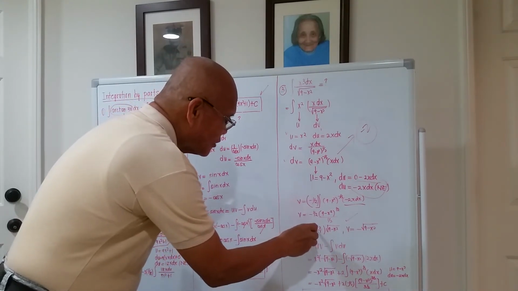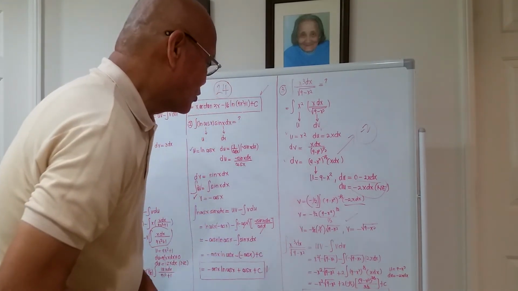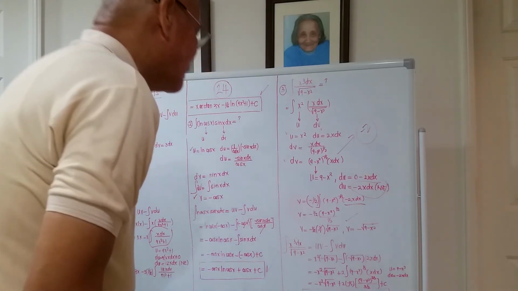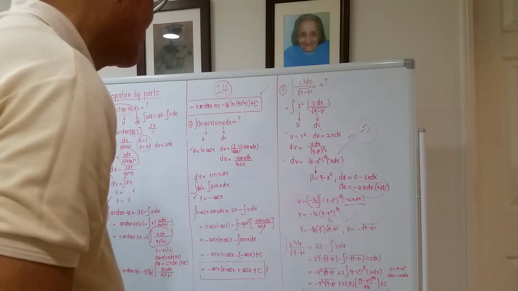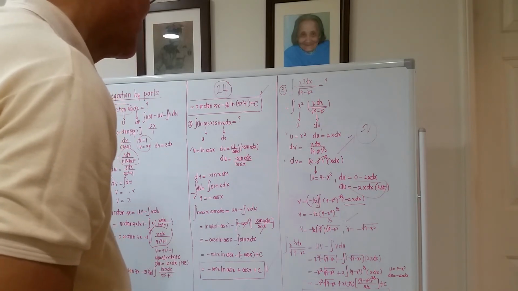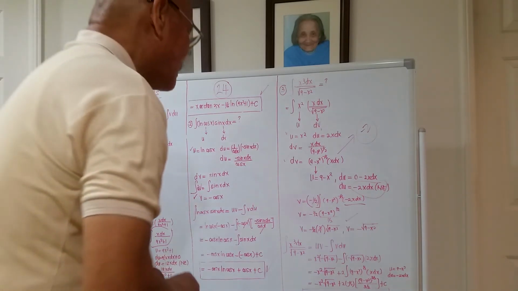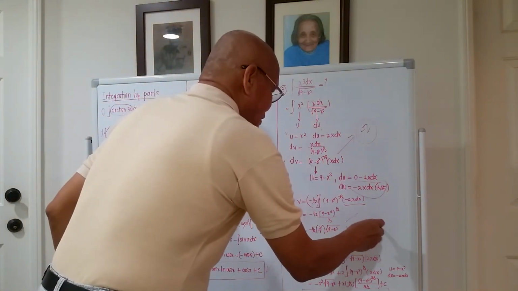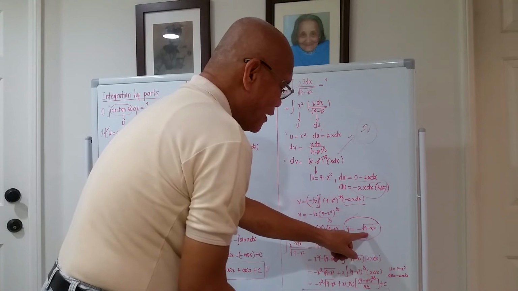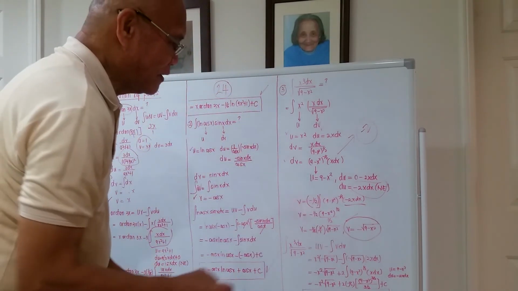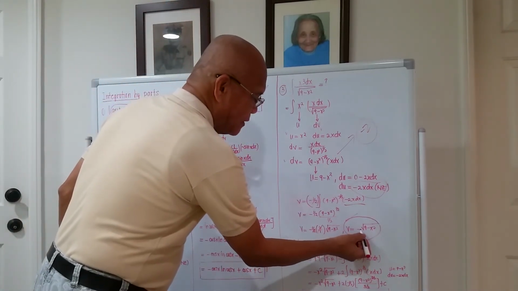And luckily, these two cancel. So what comes out? The value of v is actually negative the square root of 9 minus x squared. There's a negative sign before it.